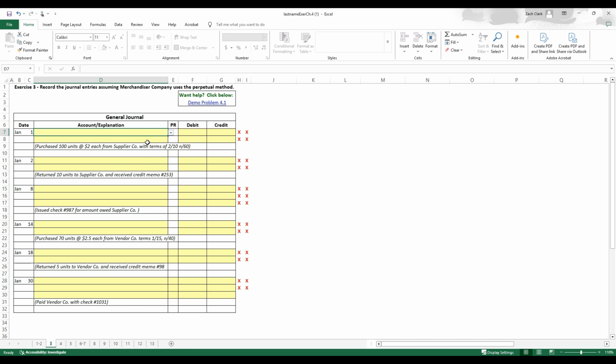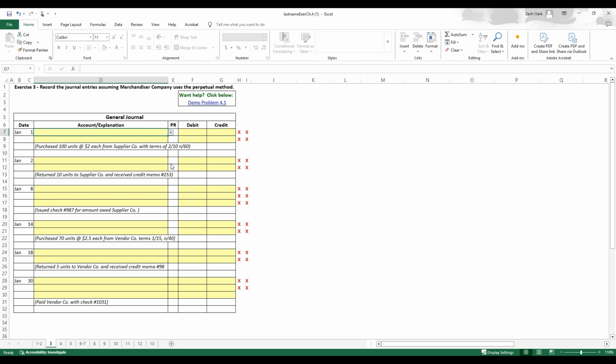So in tab 2, we've got a number of different transactions to record here. On January 1st, we purchased 100 units at $2 each from Supplier Co. Certain terms. So the first thing we want to do is pick our accounts.